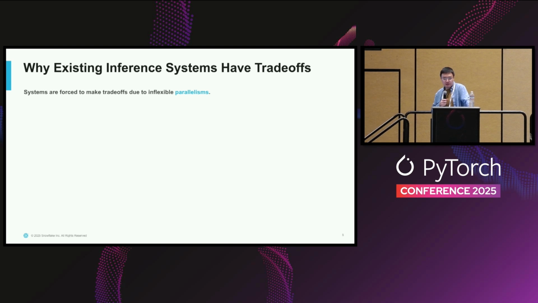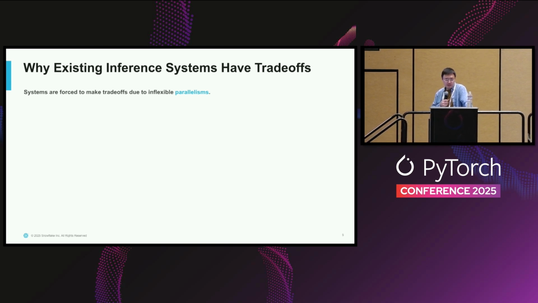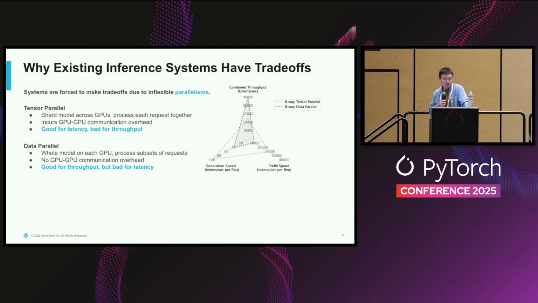So fundamentally, why is it that existing inference systems have these kinds of trade-offs? One reason is because of inflexible parallelisms. Two of the most popular ways to parallelize your LLM across multiple GPUs are what's known as tensor parallelism and data parallelism.